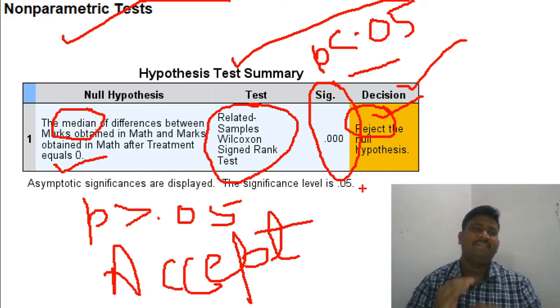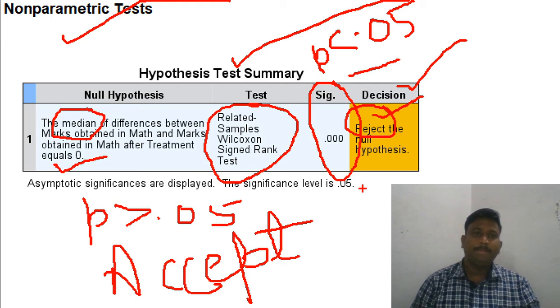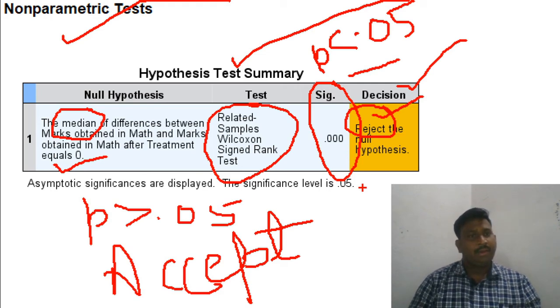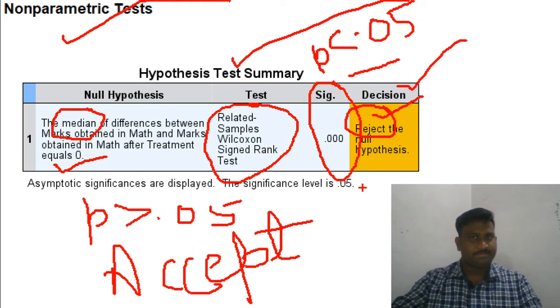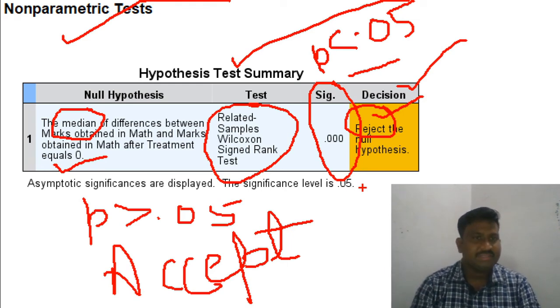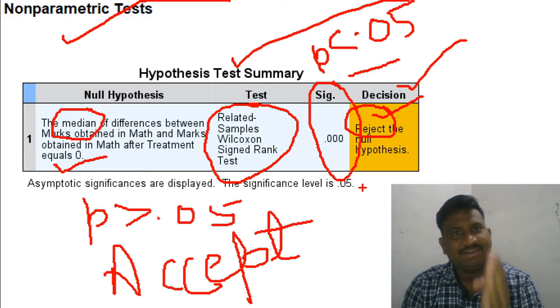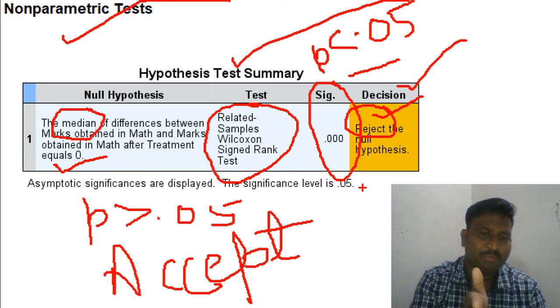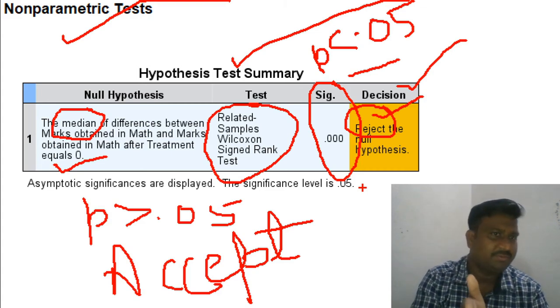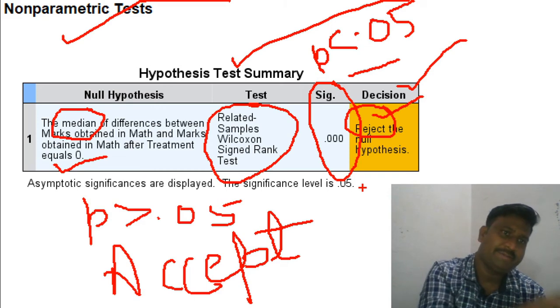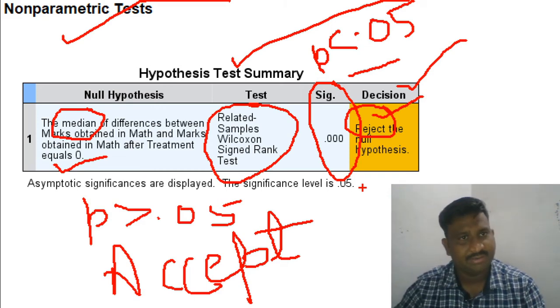So here we have rejected the null hypothesis, which means the median is significantly improved after treatment. The median divides the sample: 50% of cases lie before the median, 50% of cases lie after the median.